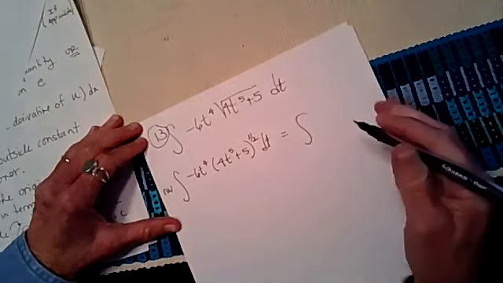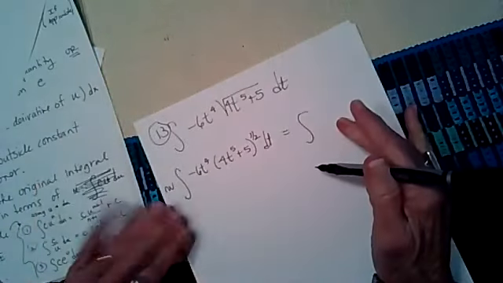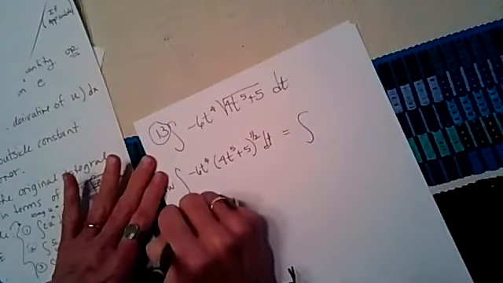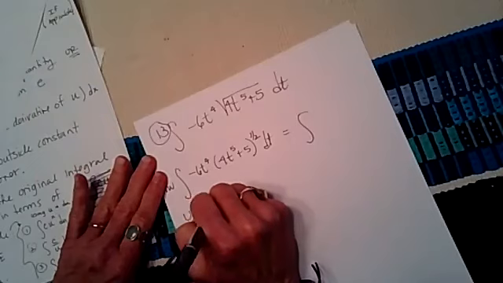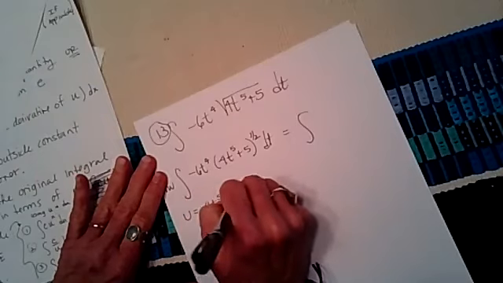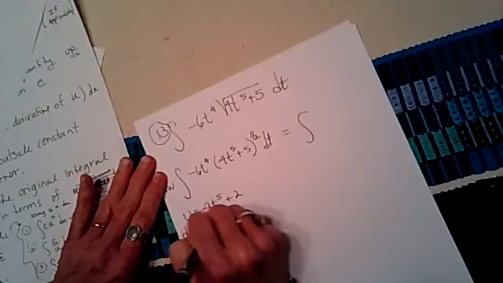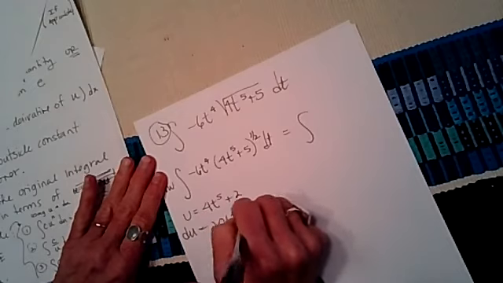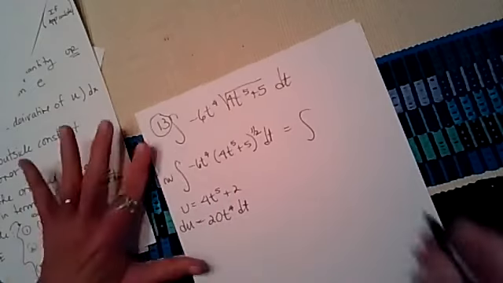And this side is going to be all u's, okay? T's and u's, don't mix them up. All right, so my u is 4t to the 5th plus 5, and the derivative of u is 20t to the 4th dt. Okay, all right, so let's get started.